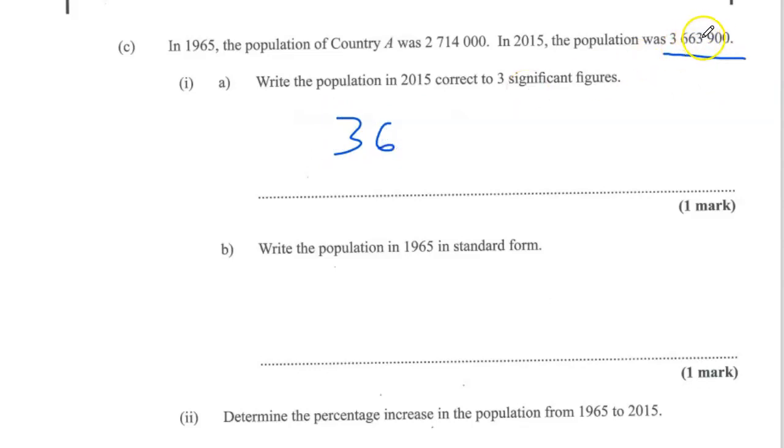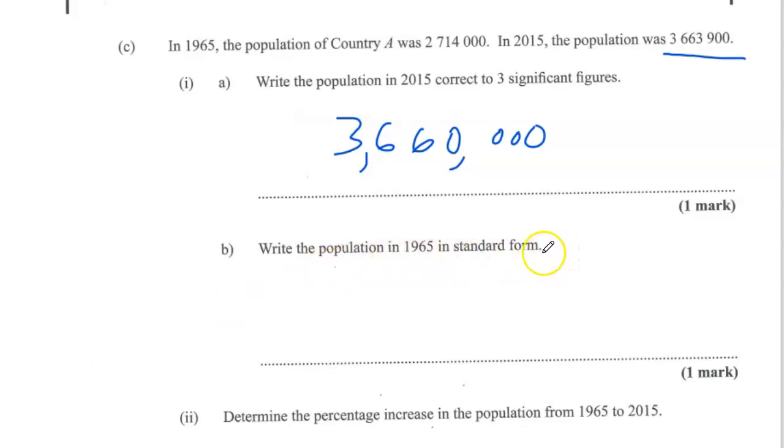We want the first three non-zero digits, and we look at the next digit, 3, so we keep the 6. So it's 3,660,000, since this is the closest value with 3 leading non-zero numbers.